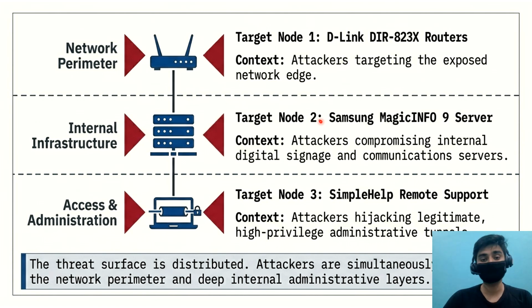Node 2 is the Samsung MagicINFO 9 Server, because attackers compromise the internal digital signage and communication server. Node 3 is the SimpleHelp server, because the attacker hijacks legitimate, high-privilege administrative tunnels. So the threat surface is disrupted. Attackers are simultaneously pursuing strategies from the network down to deep internal administrative layers, through which they can gain extreme privileges.